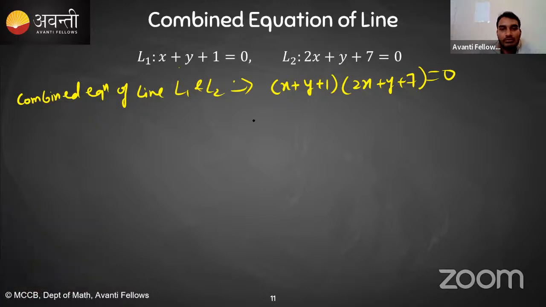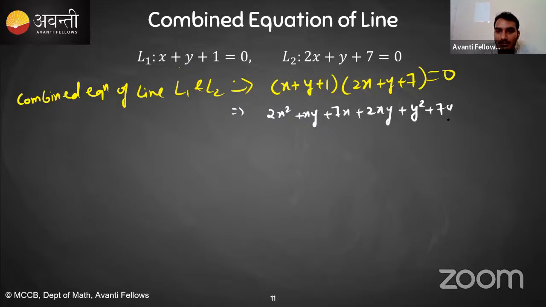Okay. So now if you simplify it further, this can be written as 2x square plus xy plus 7x plus 2xy plus y square plus 7y plus 2x plus y plus 7 equal to 0.